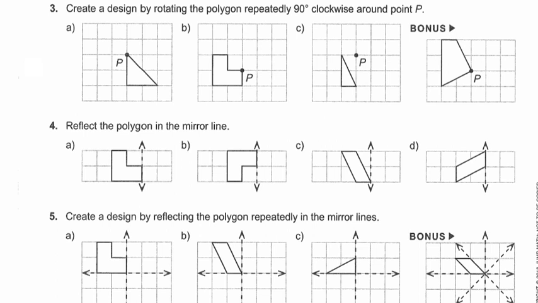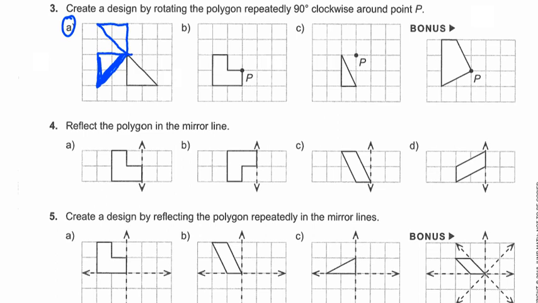For question 3, I'm going to do A. It says create a design by rotating the polygon repeatedly 90 degrees clockwise. So if I move this clockwise once, it's going to look like this. If I had a ruler, that would be nicer. I wish I had a digital ruler. Anyway, there's my first 90 degrees clockwise. If I move it again 90 degrees clockwise, it's going to look like this, right?